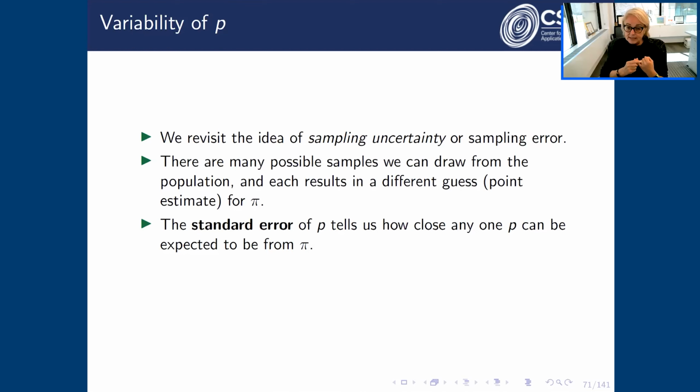Typically, I only have one sample. It's not like I can get a million samples. Typically, I work with one sample. And second of all, I do not know pi. And so the question is, what can I say about p? How close can I hope to be, if I have this one sample from which I compute this one p, to the true value pi, which I don't know?